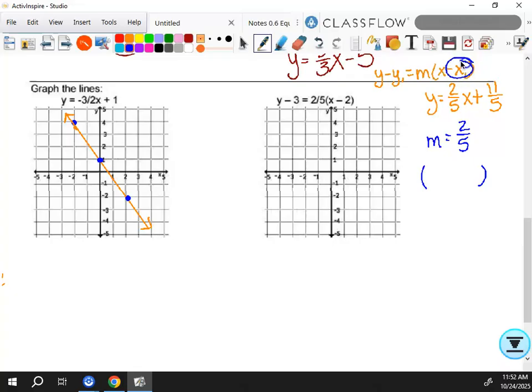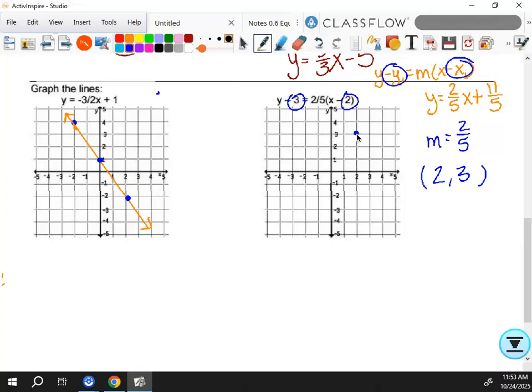Well, this is minus and minus, so it's just positive 2, positive 3. 2, 3. To graph the equation of a line, you just need a point that's on the line and a slope. Here, the point just always happens to be the y-intercept, but I can plot the point 2, 3, and then from that point, count my slope.